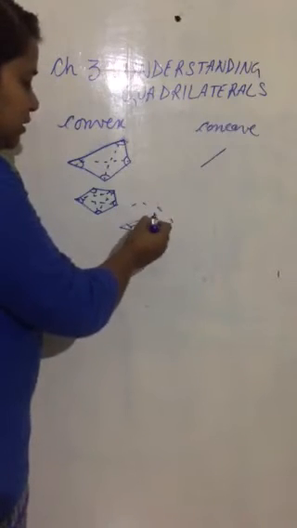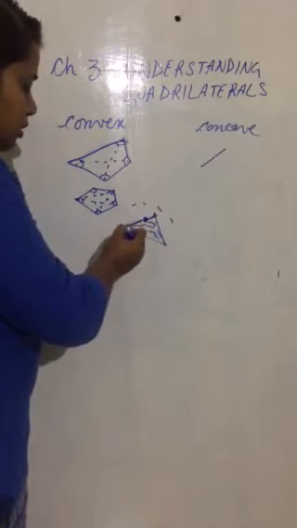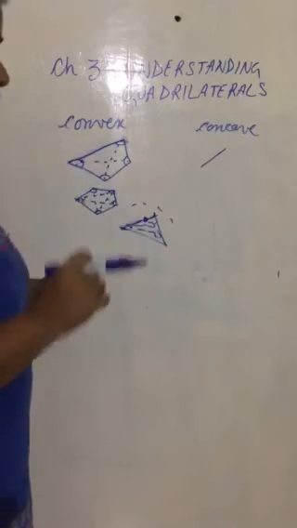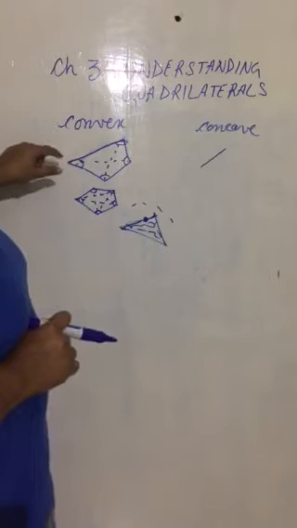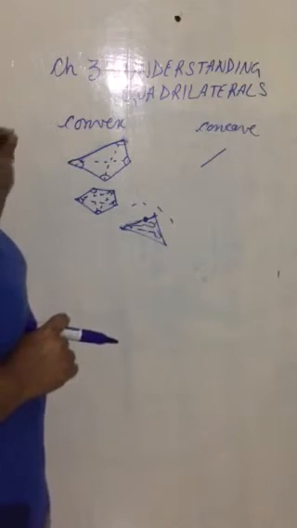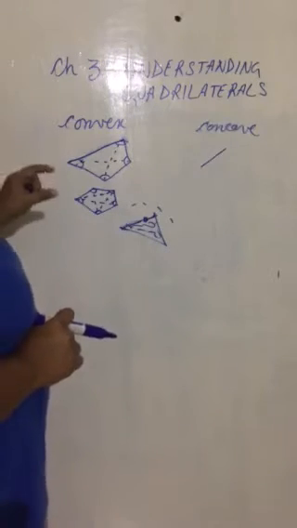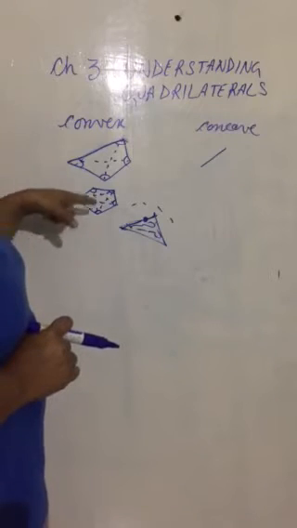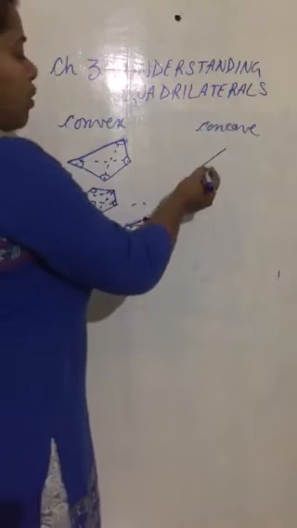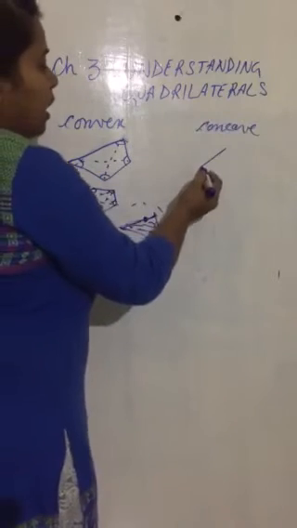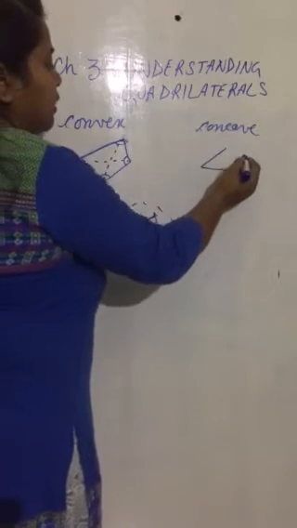Interior, this is exterior, and if I draw something on this boundary, it will be on the figure. So, a convex polygon is a polygon where none of its angles is more than 180 degrees and the diagonals lie inside the polygon. Then what is a concave polygon? Children, let us look at this shape.